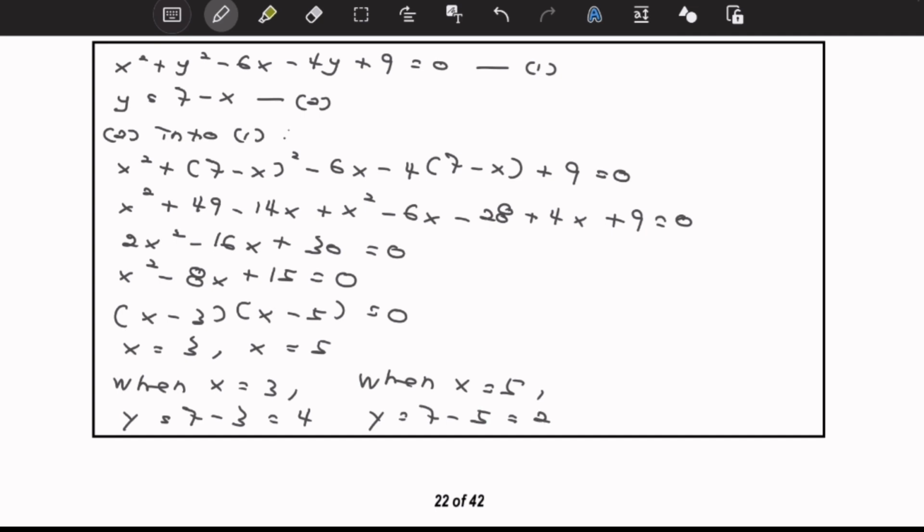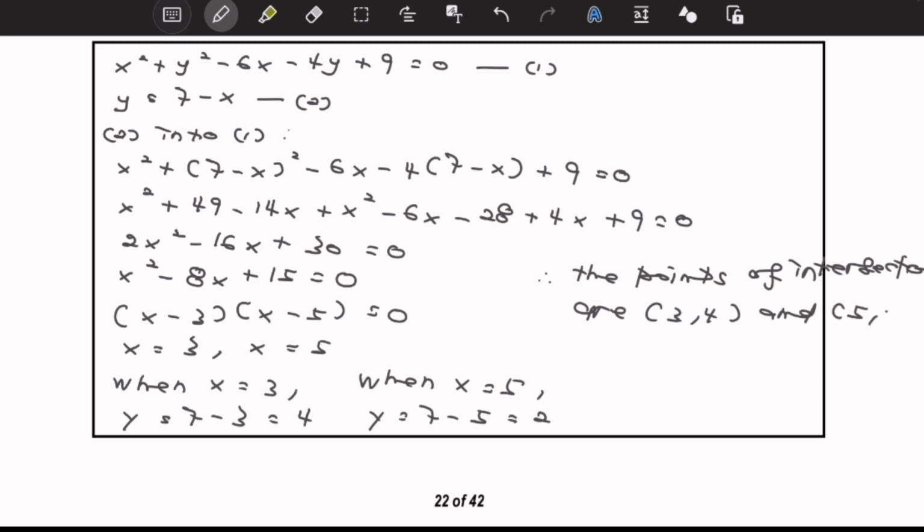So now let's conclude our answer. Therefore, the points of intersection are (3, 4) and (5, 2). So that's it, our answer.